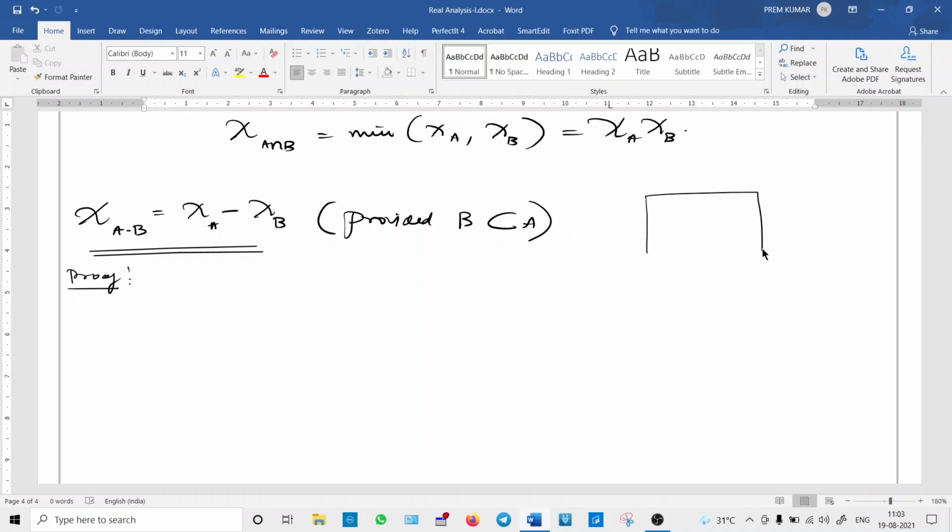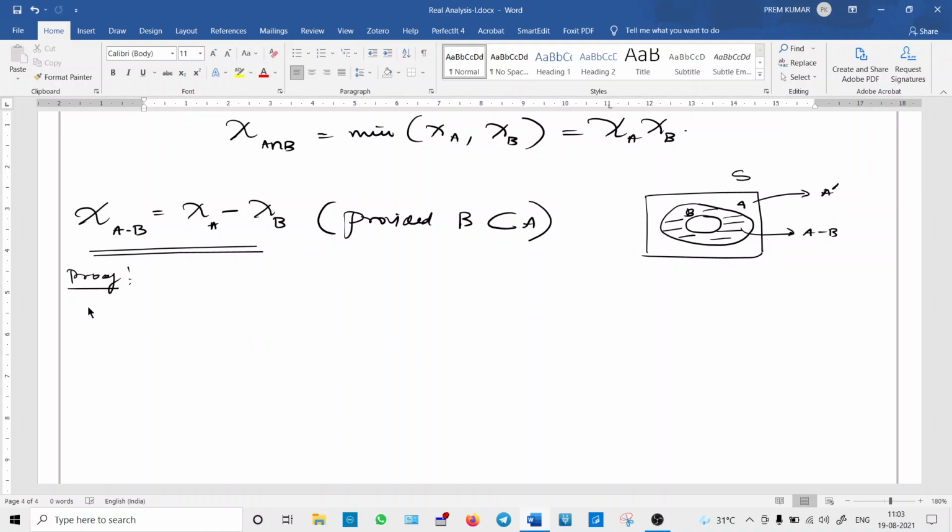See, this is the universal set. Suppose this is the bigger set A, and B is a subset of A. So this shaded portion we can call A difference B, and this portion we call A dash. That one we have to keep in mind.